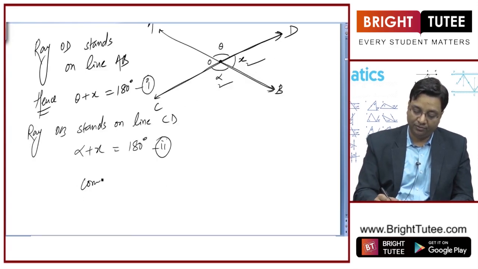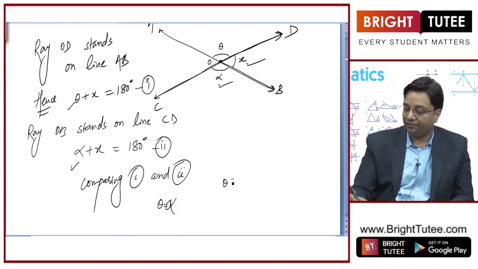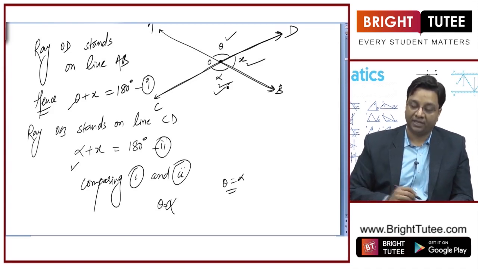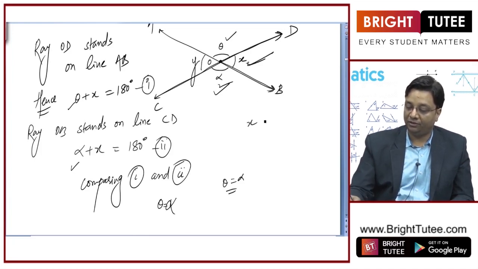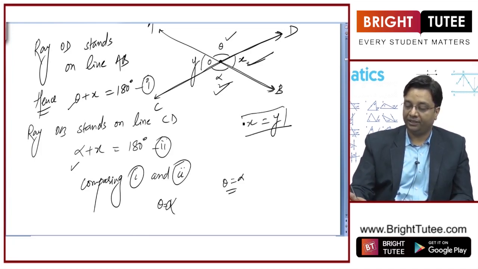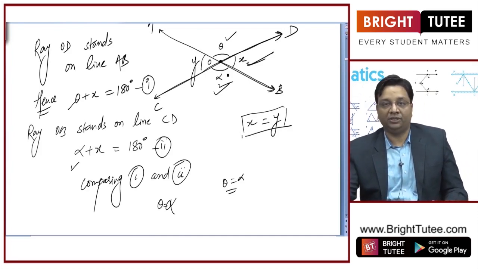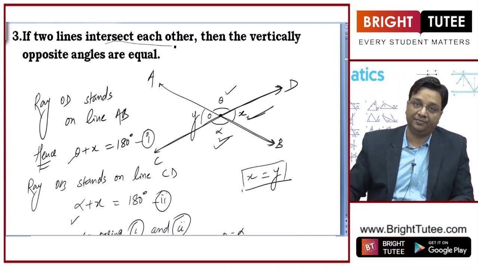Comparing 1 and 2, we can say that theta is equal to alpha, right? So this angle will be equal to this angle. Similarly, we can prove that this angle, if I name it as y, it will be equal to this angle. And these angles are vertically opposite angles. So vertically opposite angles in case of two intersecting lines are equal to each other.